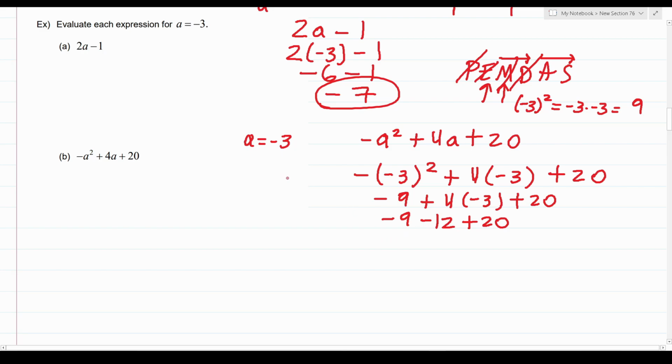Well, that's the same thing as 12 plus 9, but our result's going to be negative. All right, so 2 plus 9 is 11, carry a 1. 1 plus 1 is 2. So this is -21 plus 20. And that's just one operation left, notably addition. Negative 21 plus 20 is negative 1.